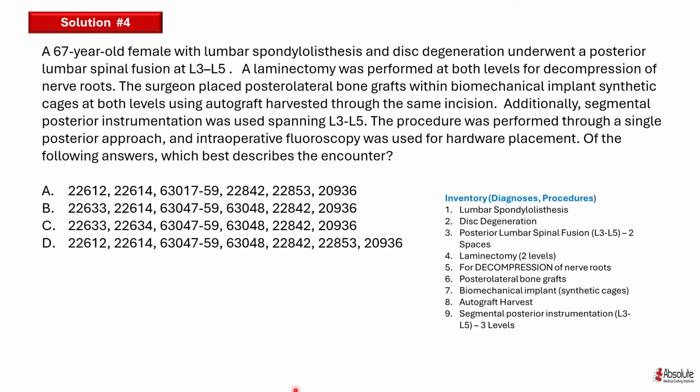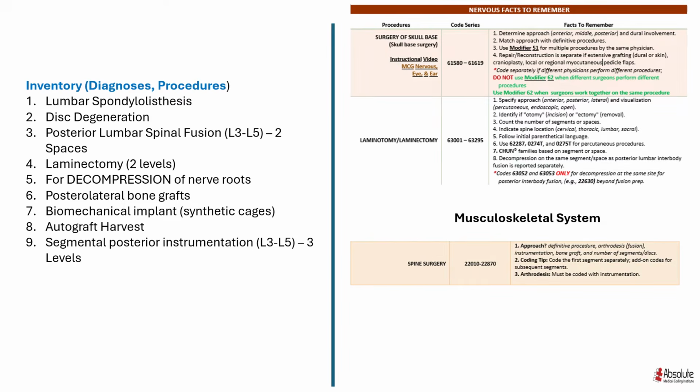All right, coders, let's go ahead and talk a little bit about what we're coding. So you're going to be coding for the fusion, the arthrodesis, and that's going to come from the musculoskeletal section. Then I just kind of gave it away, huh? But that's just what it is. Now you know, right? You know it.